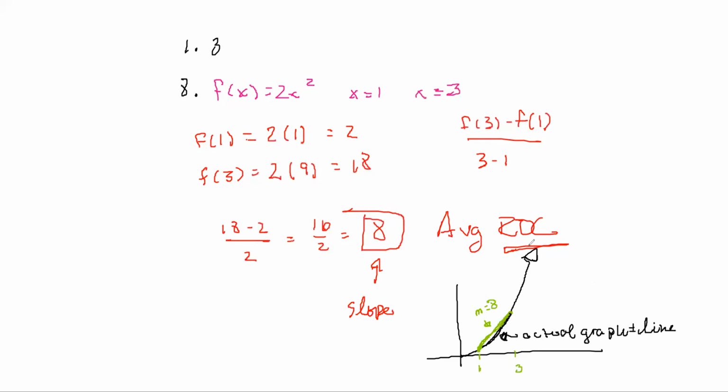Yeah, so the average rate of change basically means it's the slope between one point and another point. So if I were to have a graph that looked like this, actually that's too consistent. Let's make this messy graph.